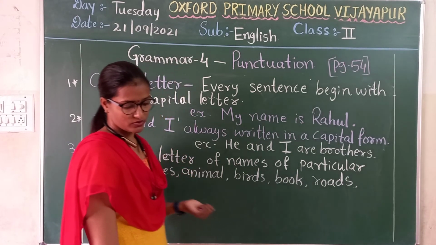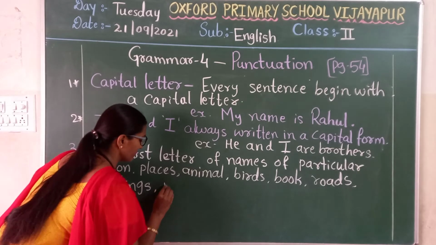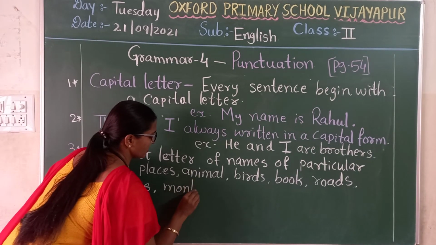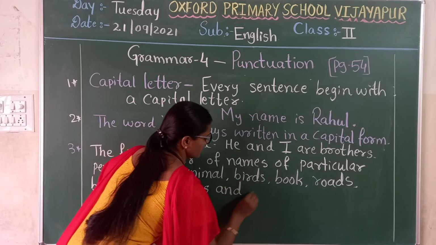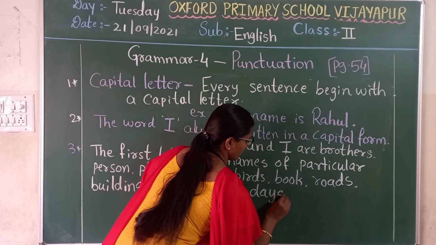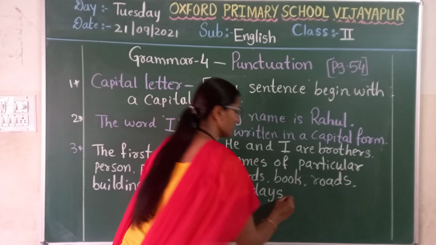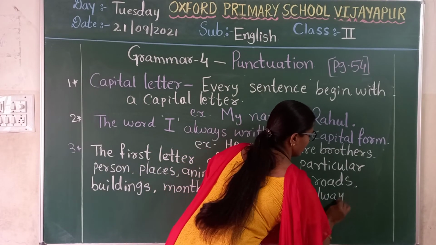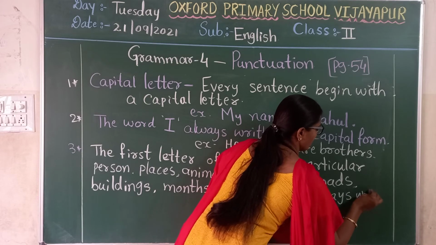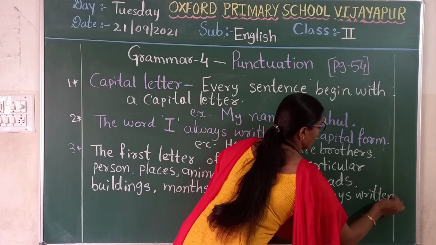Roads, buildings, books, months and days is always written in capital.